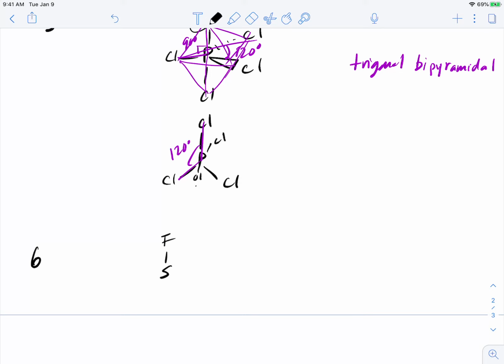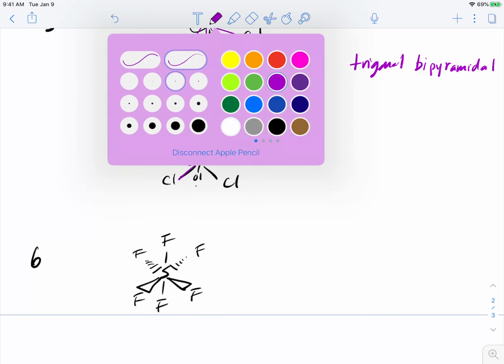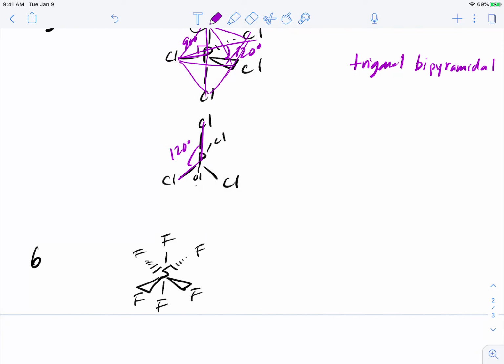So that's 1, 2, and then we have 2 coming out of the board, or out of the screen, and 2 going away. Okay. Now in this case, all of our bond angles are going to be 90 degrees, because we have 4 in this plane and up above. So this is also 90 degrees. So everything's 90 degrees here, and this is called octahedral.